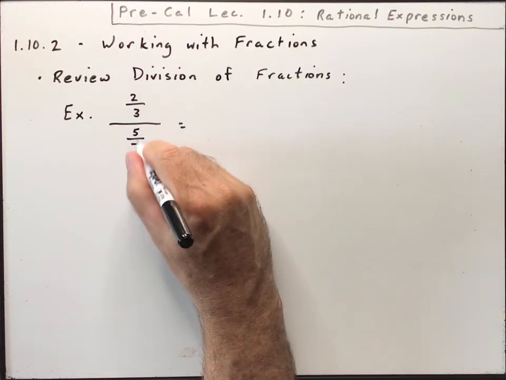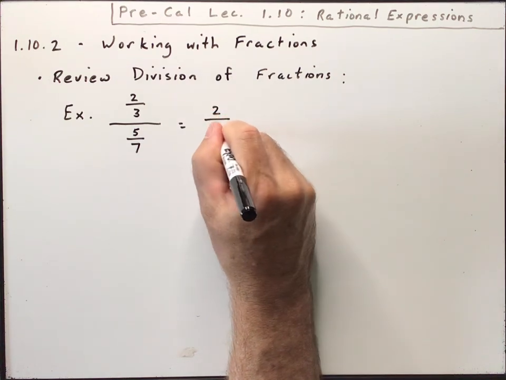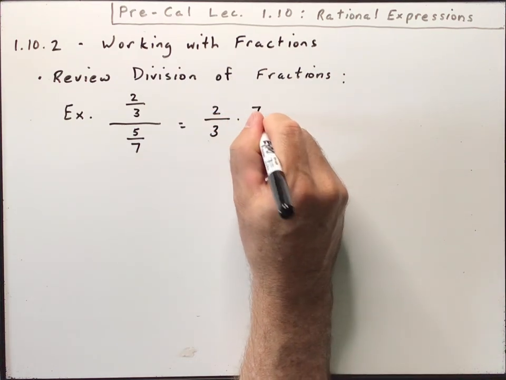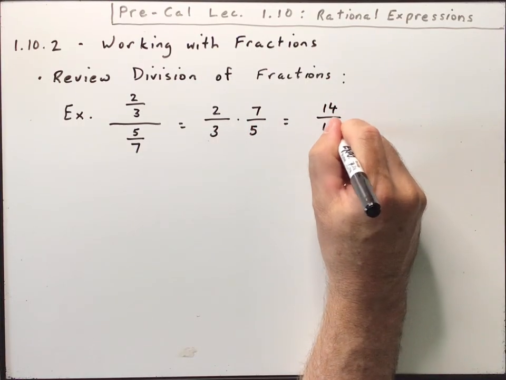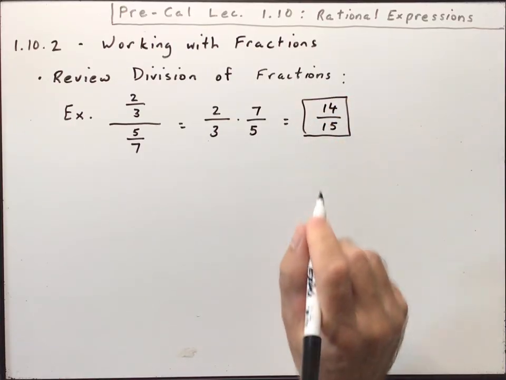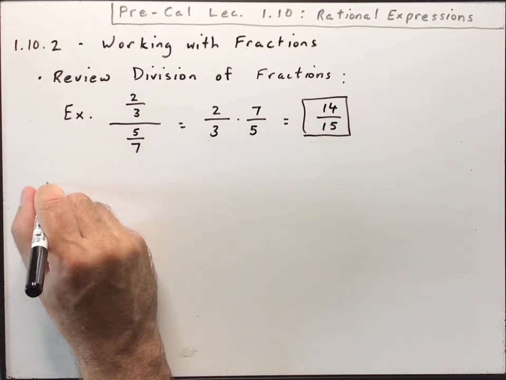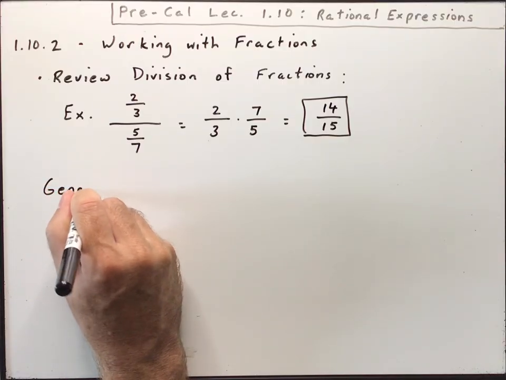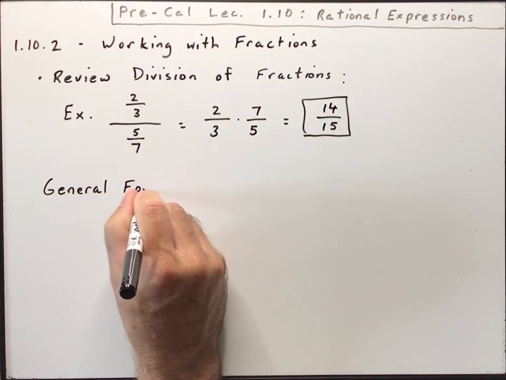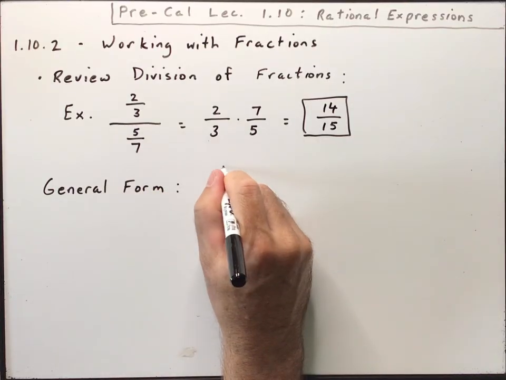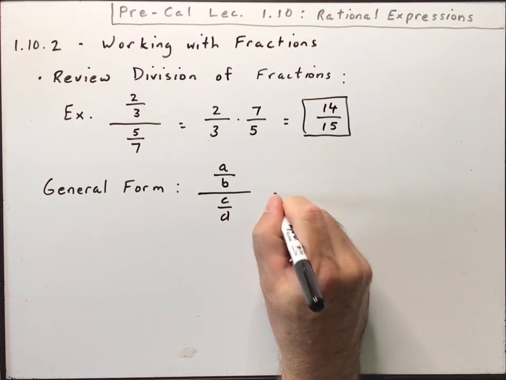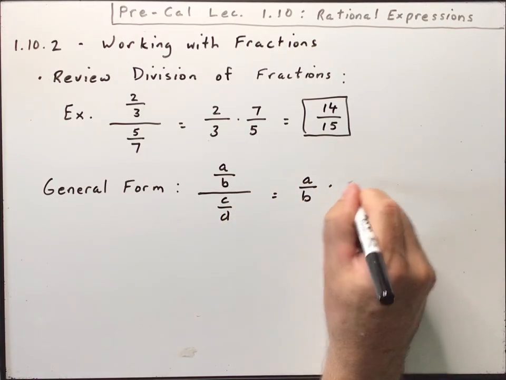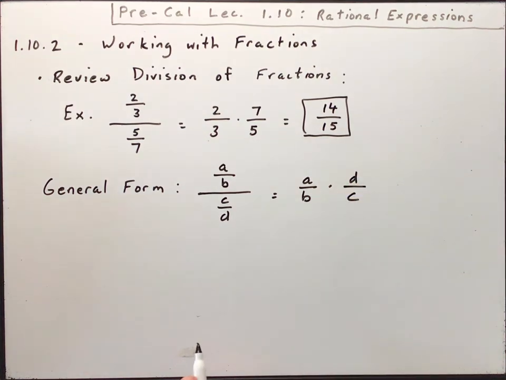So what you do is you take the bottom fraction and flip it and multiply. So this is the same as 2/3 times 7 over 5. So that's going to be 14 over 15. And that won't reduce any further. So our general form is, if you have A over B divided by C over D, that's A over B times D over C.